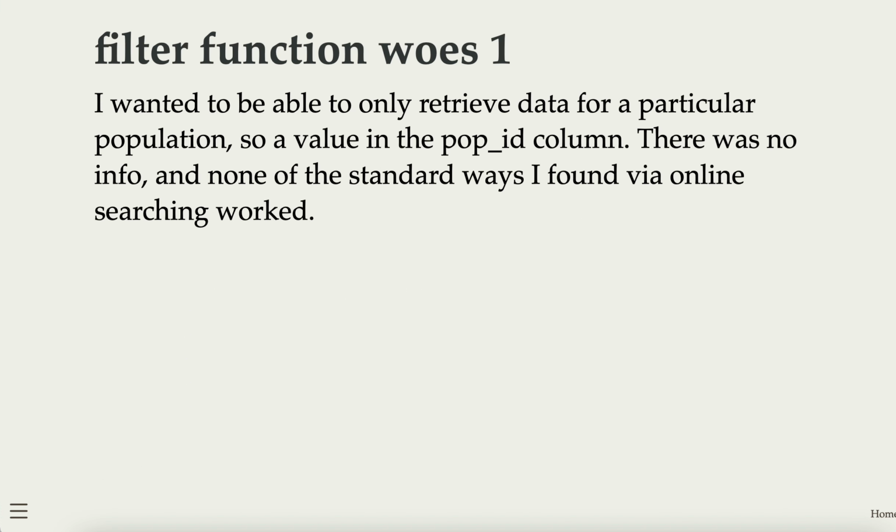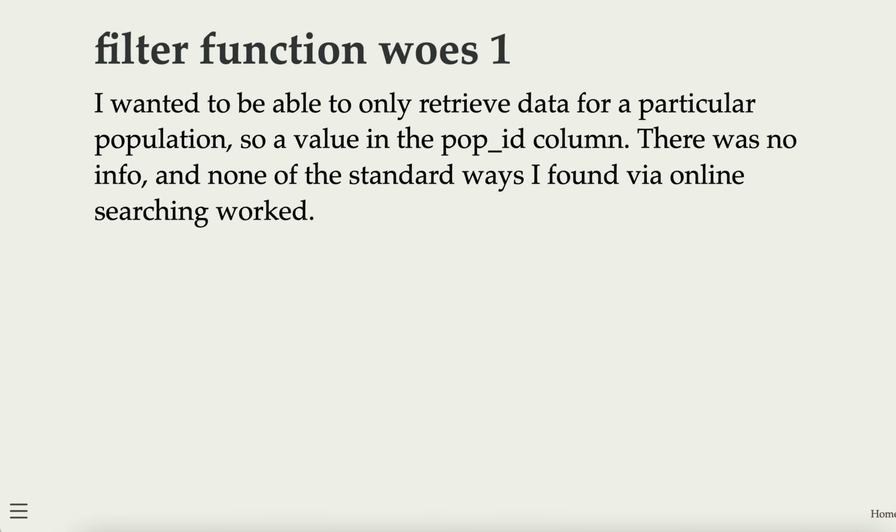I want to talk about one other thing that was really hard for me, and it was figuring out how to filter. I wanted to retrieve data for a particular population. The tables I'm getting back have columns, and one of the columns is pop ID. I wanted to be able to say, hey, I want to get only the data for pop ID 1.